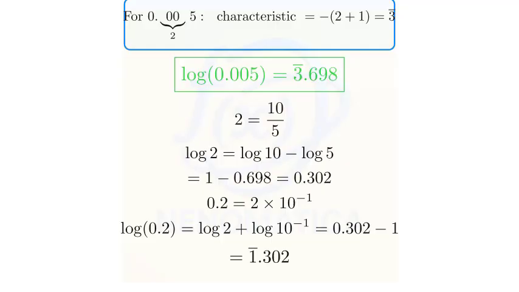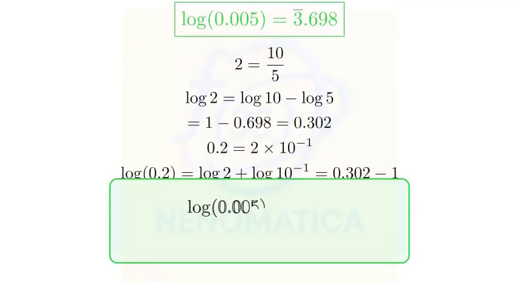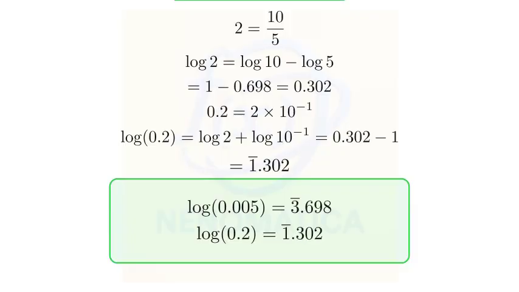So the characteristic is negative 1, written as bar 1, and the mantissa is 0.302. Final result, bar 1.302. Therefore, the answers are log of 0.005 equals bar 3.698, and log of 0.2 equals bar 1.302.